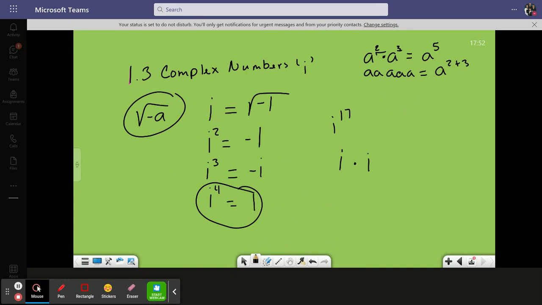So that would be i to the 16th times i to the 1, right? Because 16 plus 1 is still 17. All right, 16 is a multiple of 4, so this whole thing right there, that's just a 1. Right? And i to the 1 is the square root of negative 1. And 1 times the square root of negative 1 is the square root of negative 1. Right?